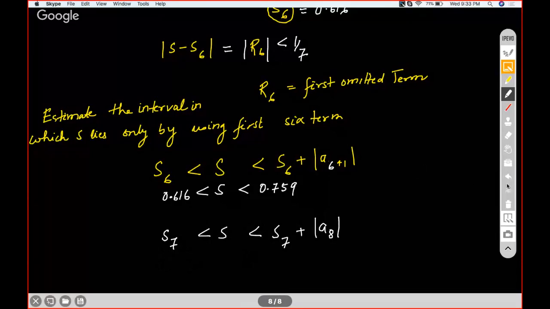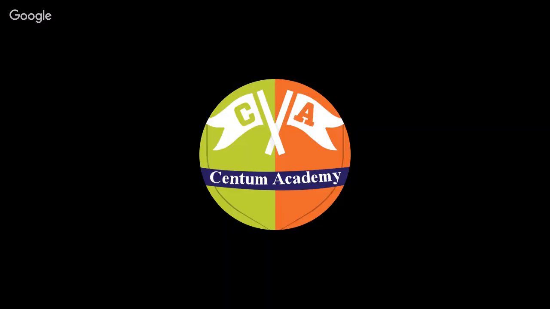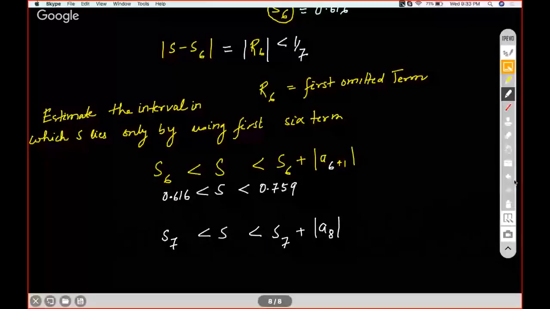So it's between 0.759 and 0.759 plus 1 by 8, which is 0.884. So the more terms you take, the closer you will be to your final answer.